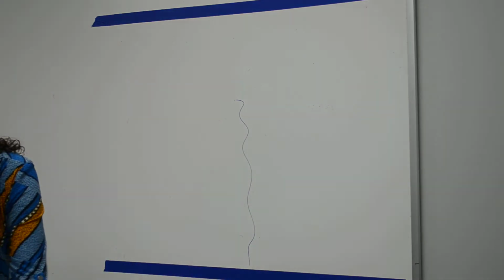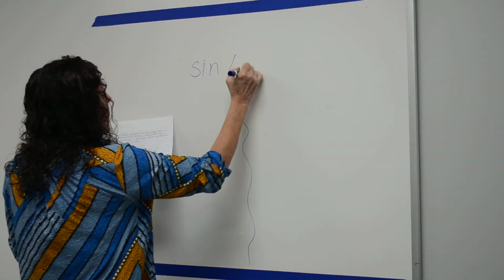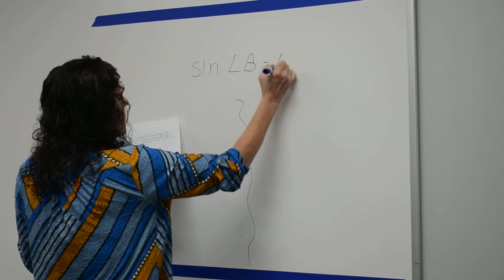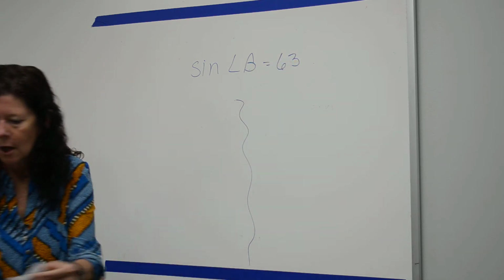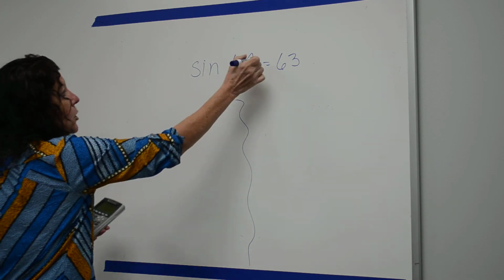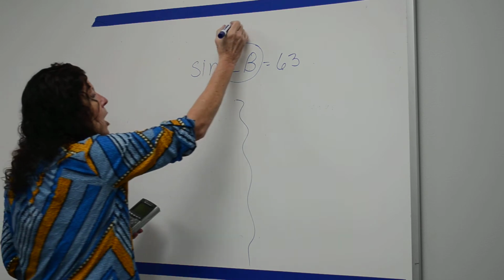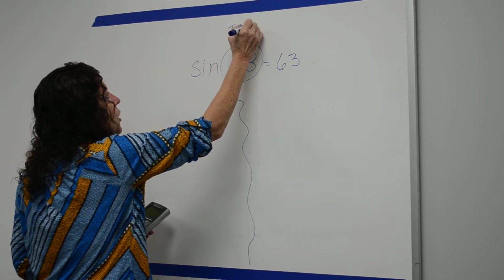Let's say our problem says the sine of angle B equals 0.63. You've got a graphing calculator. If I'm looking for the angle, which I am here, I'm always going to use inverse.